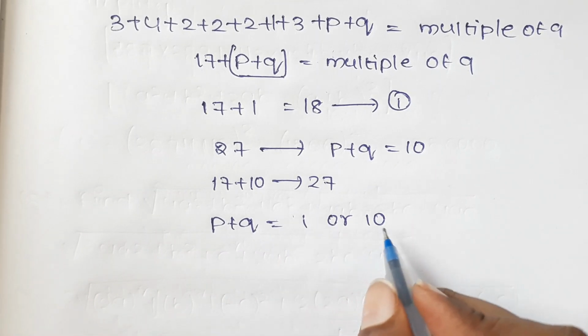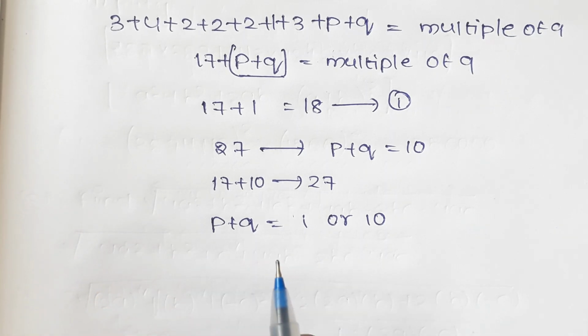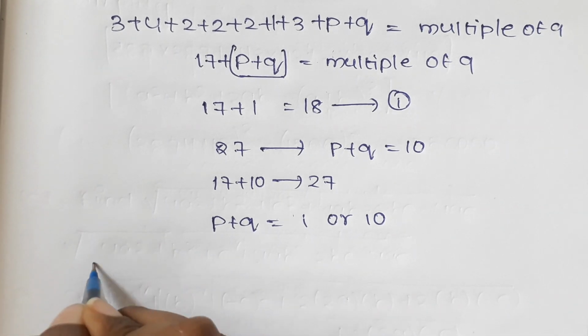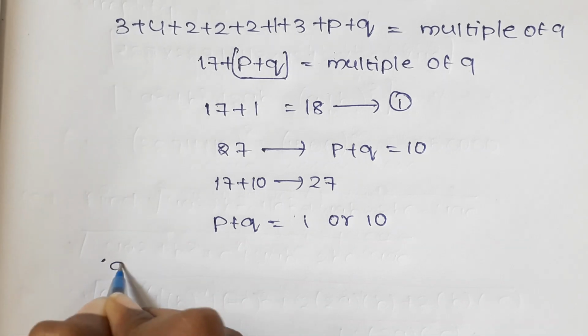It is decided by doing the process with 11 also. That is, the number is divisible by 11 if the sum of odd places minus the sum of even places is divisible by 11. And now let us see them, that is, the sum of odd places and even places.